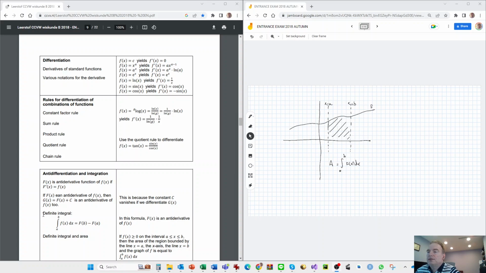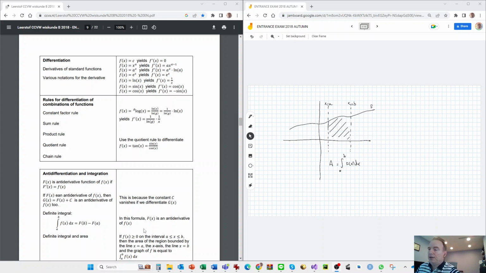Then you need to know the definite integral. That's the integral between two fixed points of a function, and that's given by the difference of the antiderivatives in the extreme points of the interval. And the other part is how this relates to area.